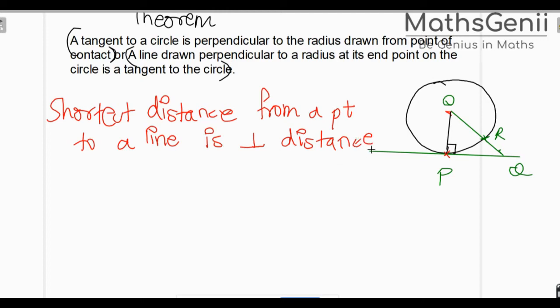Okay, this is the statement we know. Shortest distance from a point to the line is the perpendicular distance.